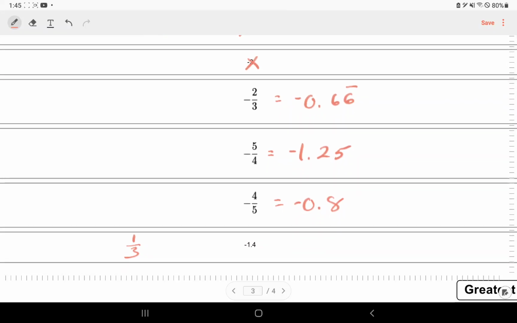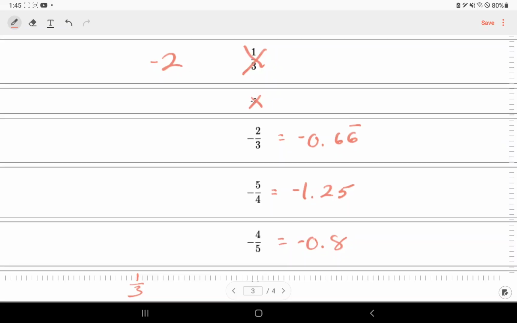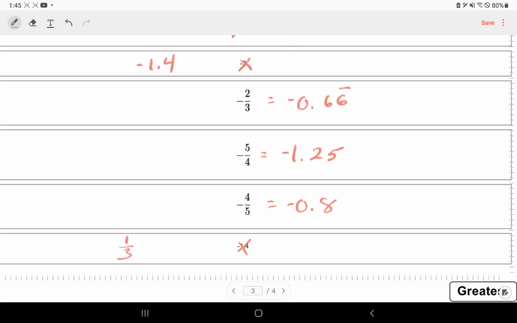And so then -1.4. And then -1.25. Remember, the bigger the number, the more negative it is. And so then -0.8.